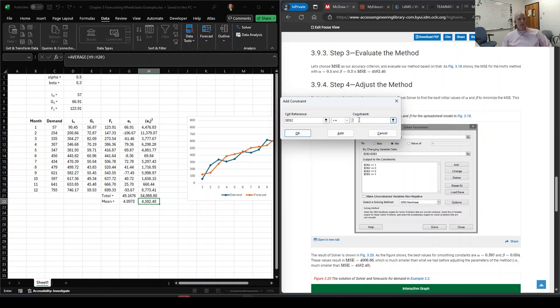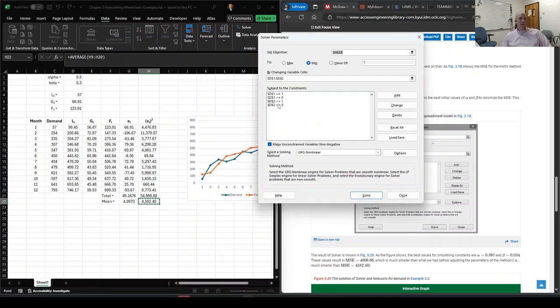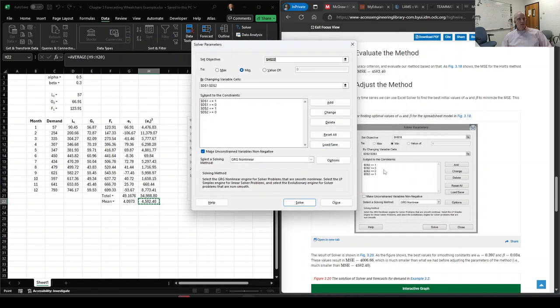My beta has got to be less than or equal to 1, and my beta has got to be greater than or equal to 0. I'll click OK on that final constraint, and I've added all 4 constraints there. These are following the book, referencing the correct cells for my alpha and beta, just making sure they're between, including, 0 and 1.